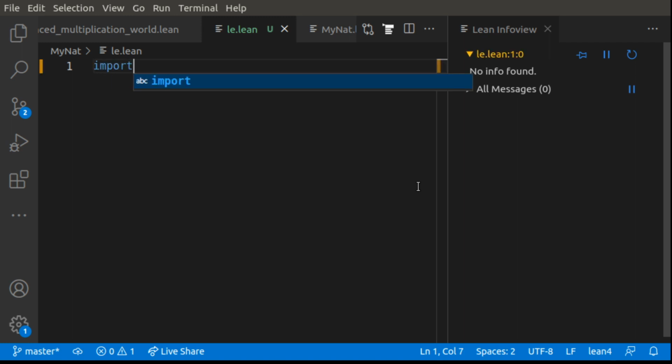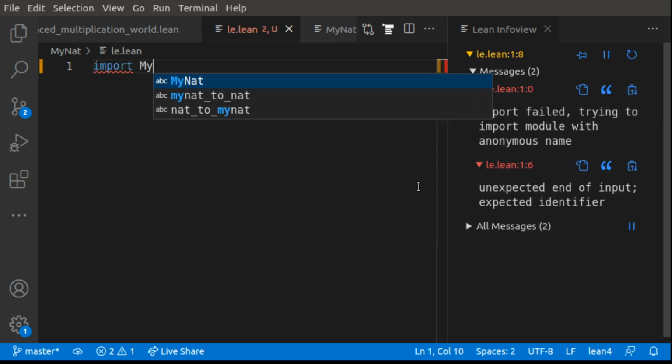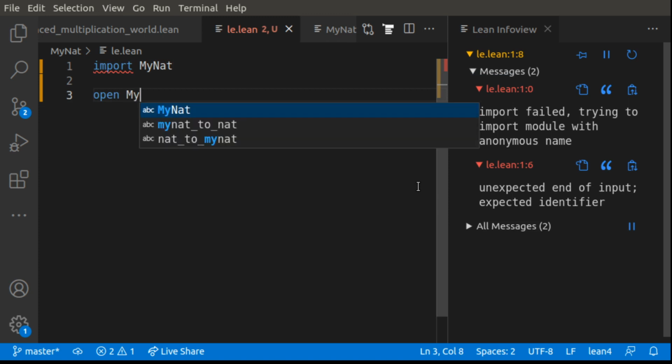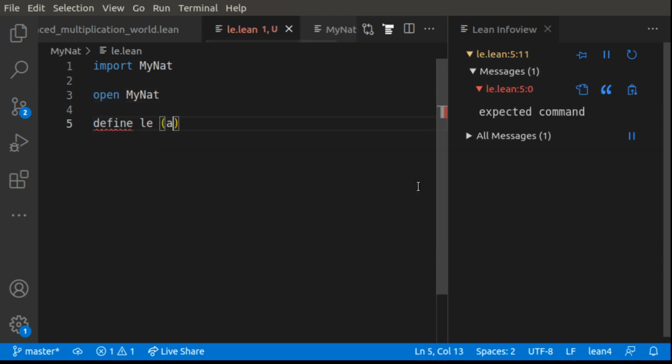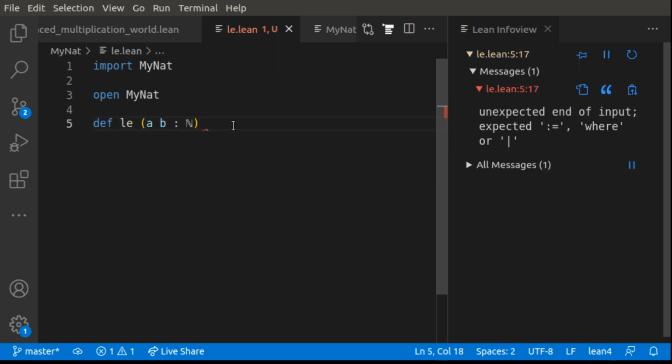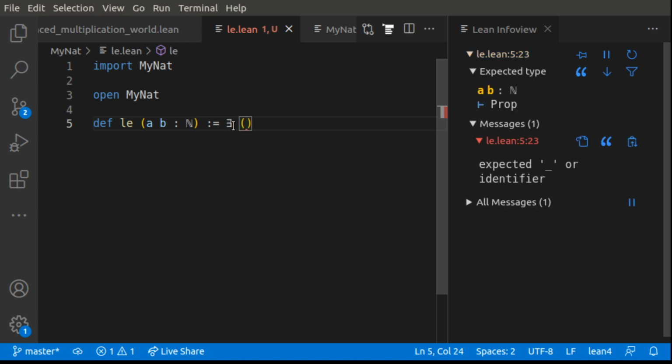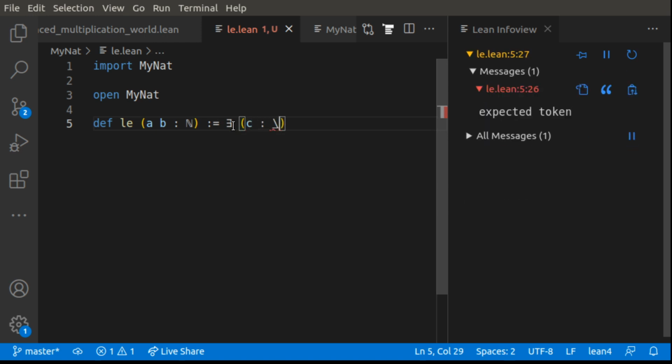Let's get our natural numbers. And we're going to define less than or equal between a and b being natural numbers. Say if there exists a c belonging to our natural numbers, b is defined to be a plus c.